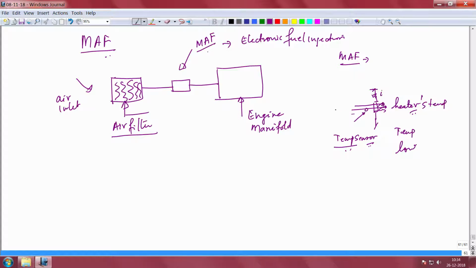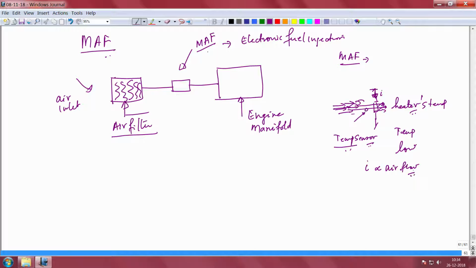But if the airflow increases much higher, you need to pass higher current in order to maintain the same temperature. So, this current that is flowing is directly proportional to the airflow.